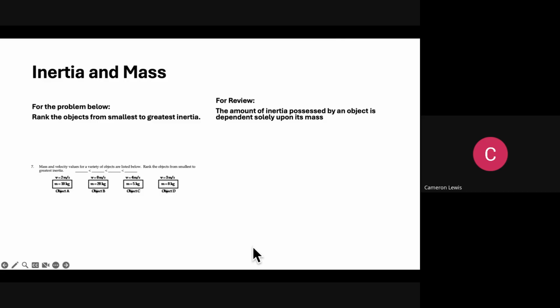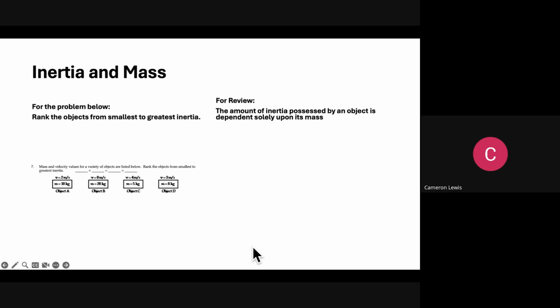So by understanding that, how would we rank these four objects from smallest to greatest inertia? Just real quick. C, you say, is the smallest because of the smallest mass.